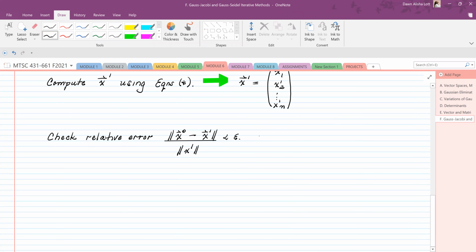Okay, so if true, stop. Otherwise, compute x2.